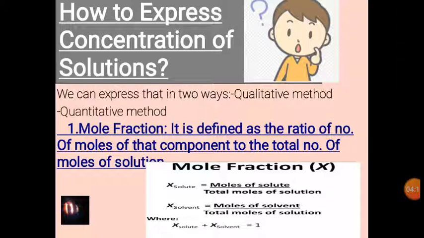Mole fraction is very useful in relating some physical properties of solutions, say vapor pressure, with the concentration of the solution, and is quite useful in describing calculations involving gas mixtures. The formula for mole fraction is chi solute equals moles of solute upon total moles of solution, and chi solvent equals moles of solvent upon total moles of solution. And we get 1 when we add chi solute and chi solvent.